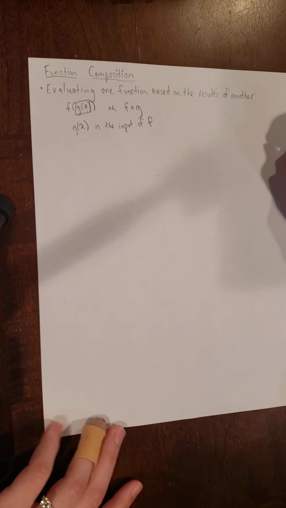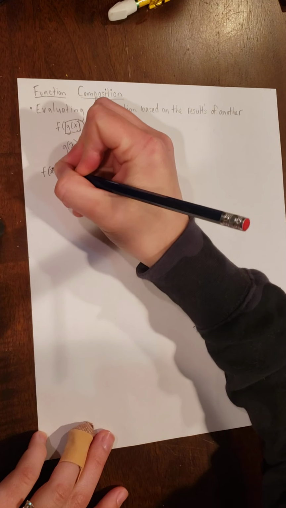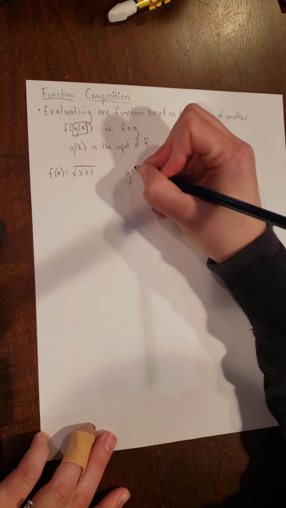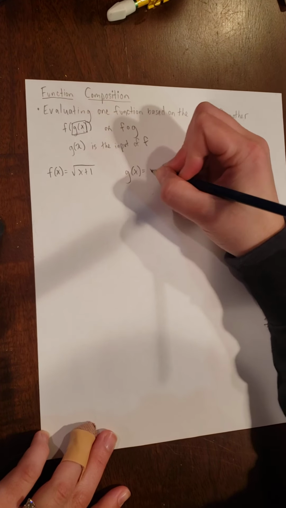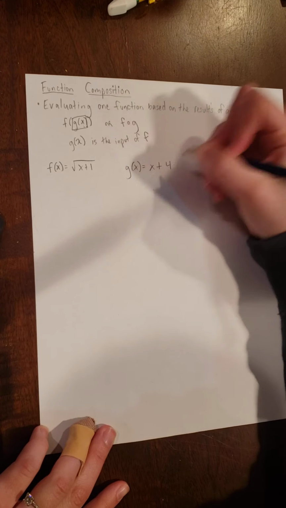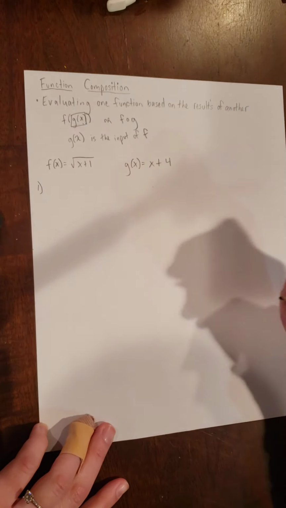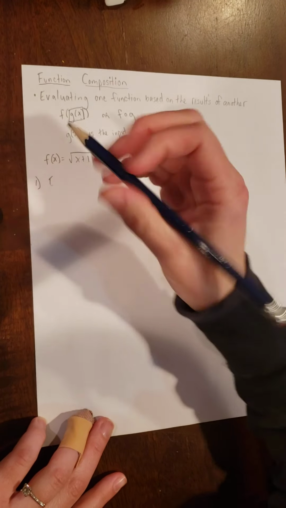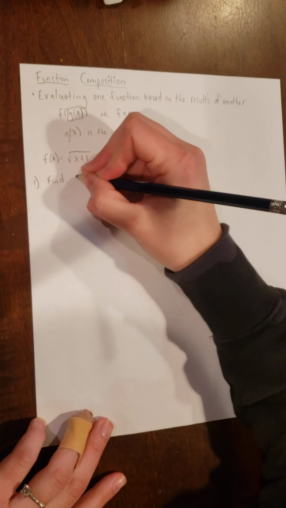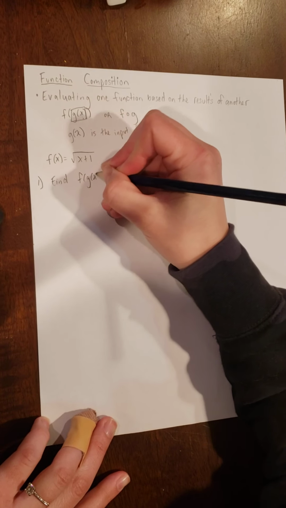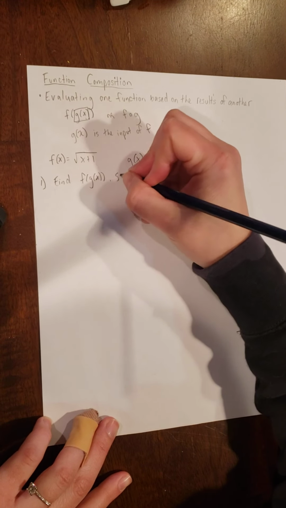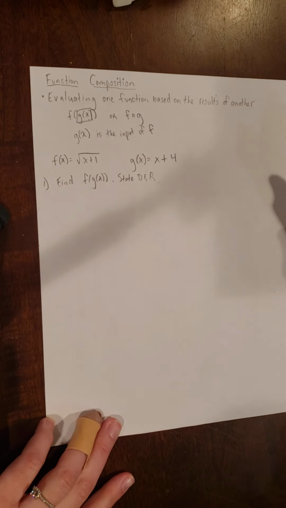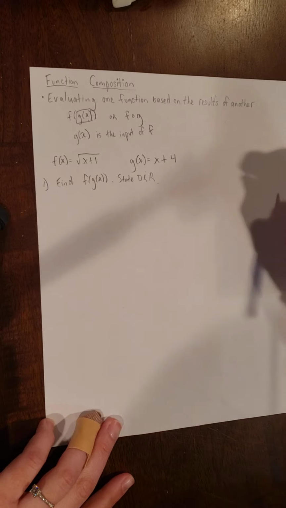So let's go over an example. If we have f of x equals the square root of x plus 1, and we have g of x equals x plus 4, the first thing I ask is, let's find f of g of x and state the domain and the range of the newly composed function.